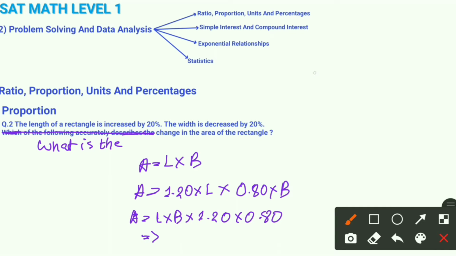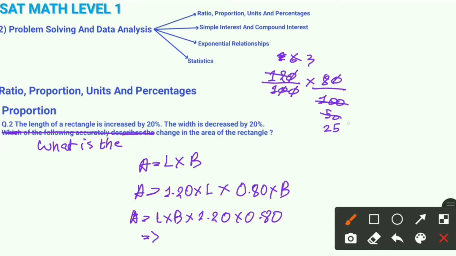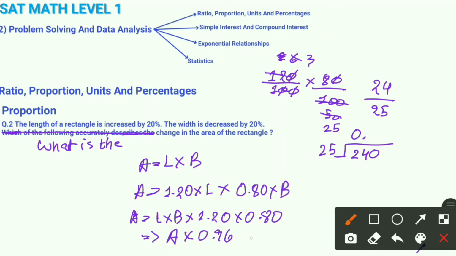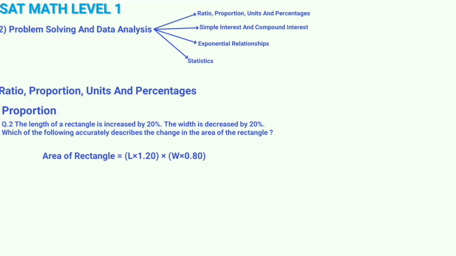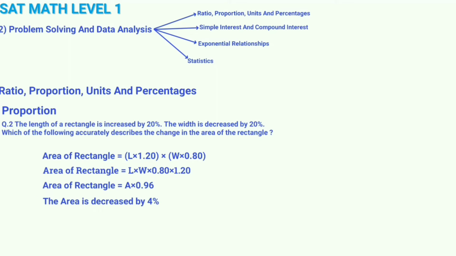If I do it by hand, 12 times 8 is 96, so it's 0.96, which is the answer. This means the area is decreased by 4%.